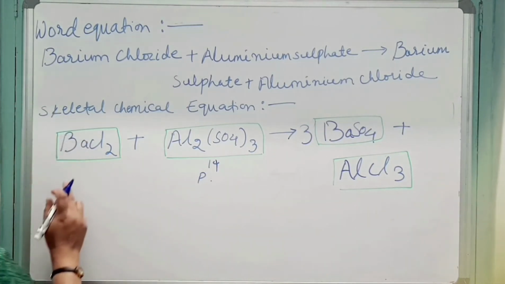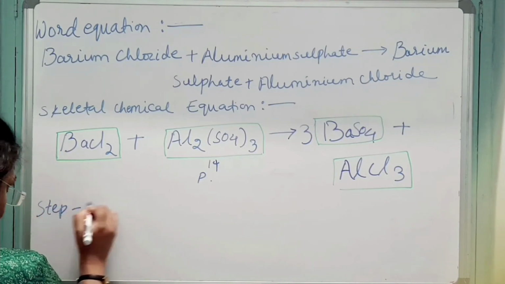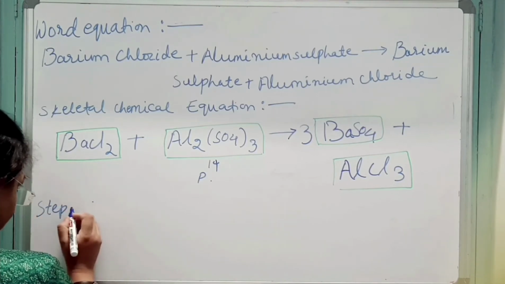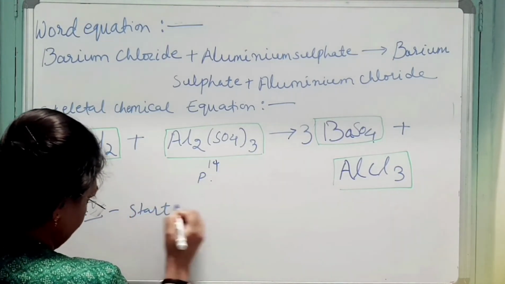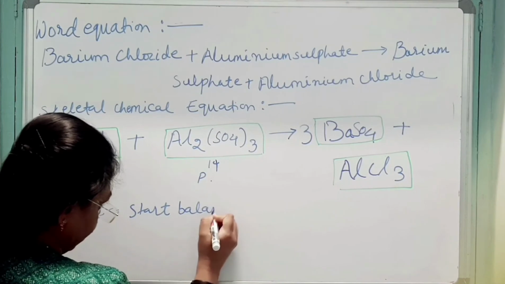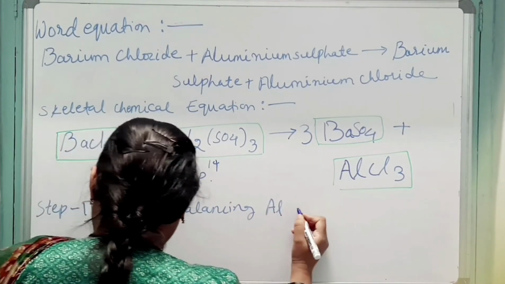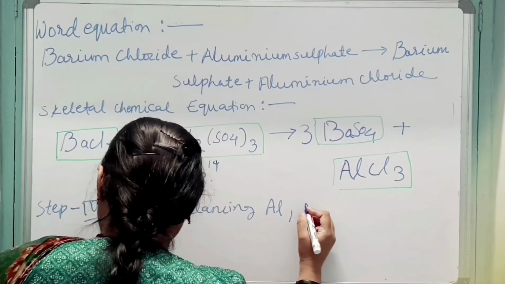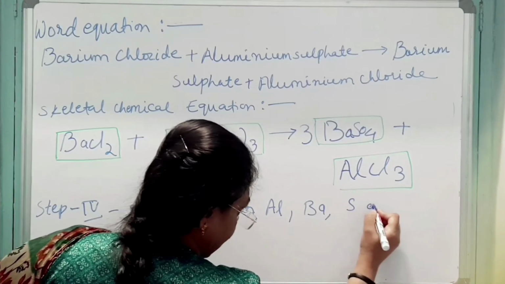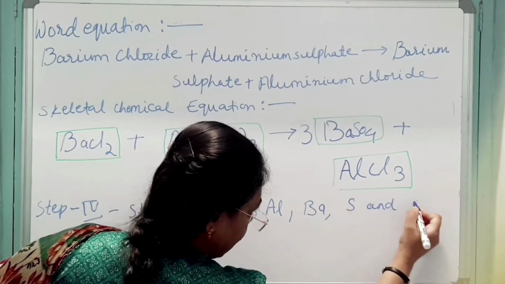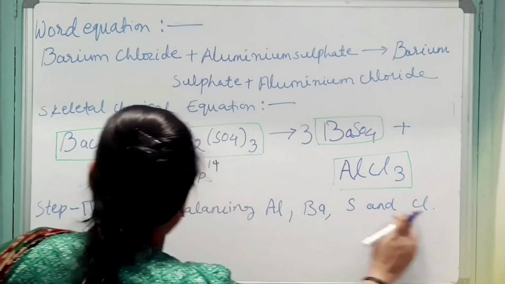In step 4 we start balancing Al, then Ba, then S, and then Cl. So you will balance Cl last.